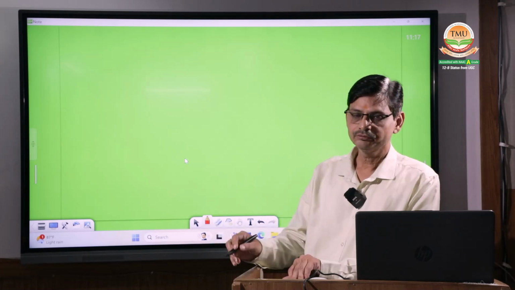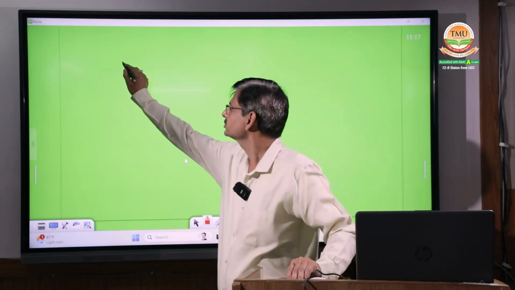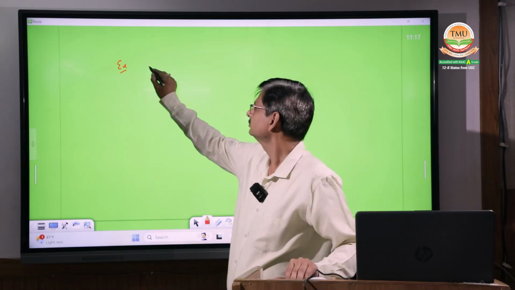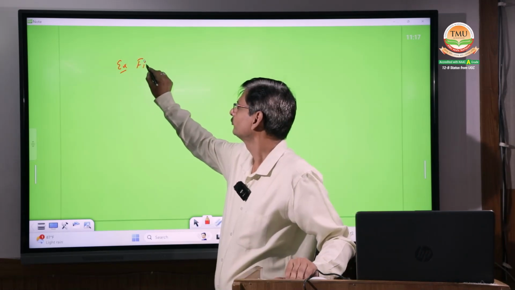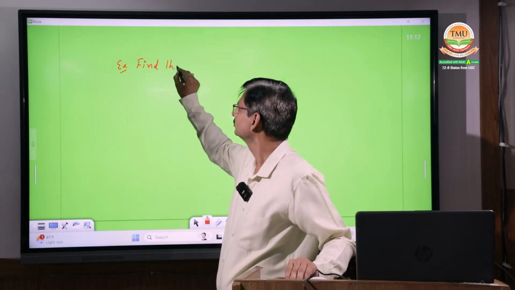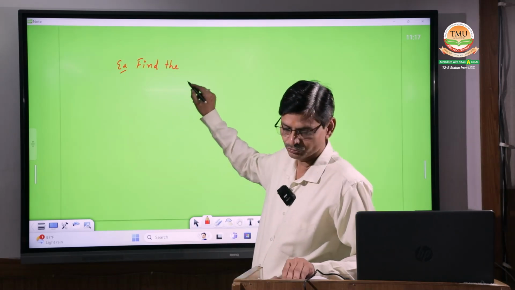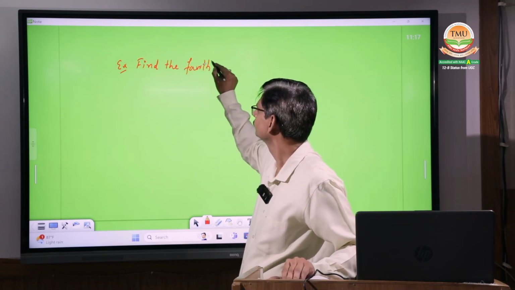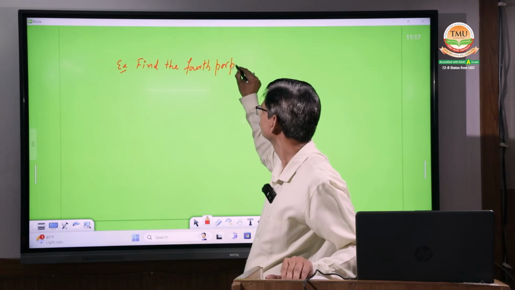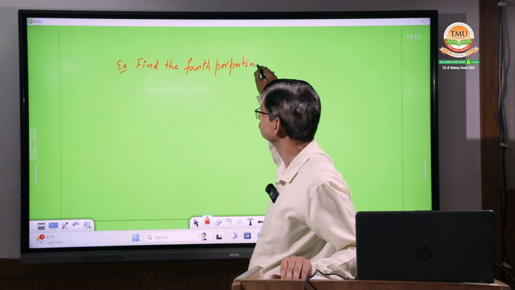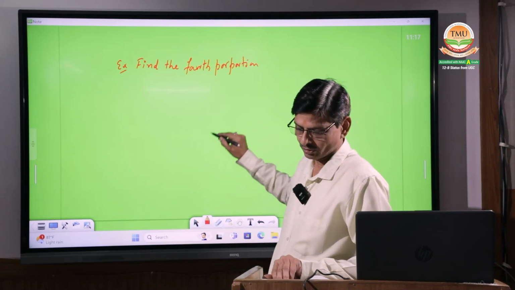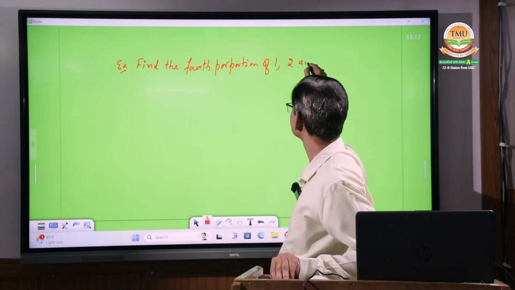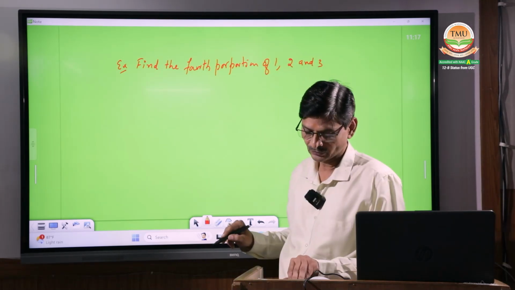The first example of proportion is: find the fourth proportion of 1, 2, and 3.